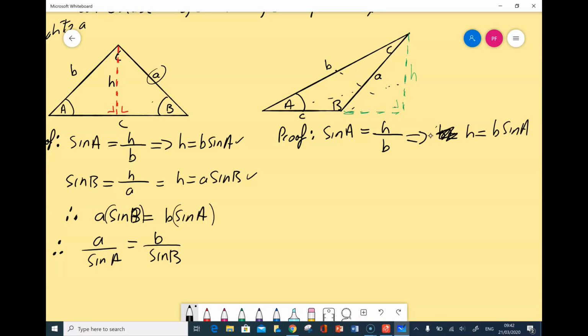Now, let's go after sine B. So that's our little triangle here. But, sorry, we can't find sine B. It's not part of a right angle triangle. So we're going to have to make an adjustment here. If this is B, inside here I've got 180 minus B, because they make up a straight line.